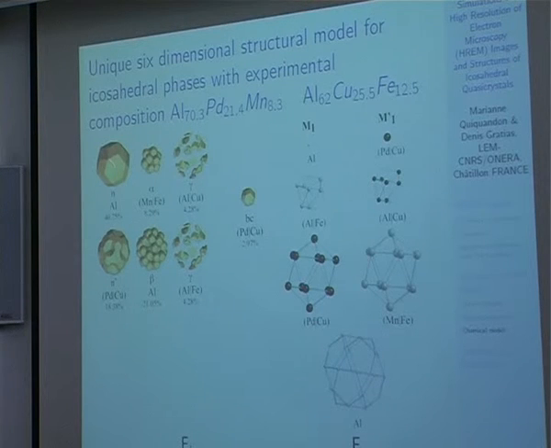So here in the perpendicular space, you have the chemical species in brackets. On the left, you have the chemical species of aluminium, palladium, manganese, and on the right, you have the chemical species of aluminium, copper, iron. So in the case of aluminium, palladium, manganese, the N atomic surface is occupied by aluminium, with the exception of the cell alpha that is occupied by manganese.